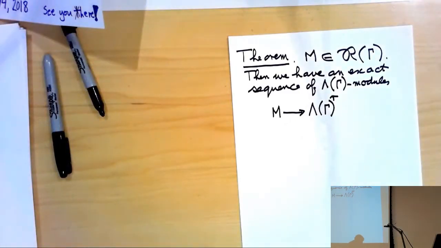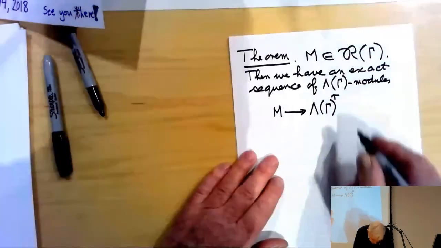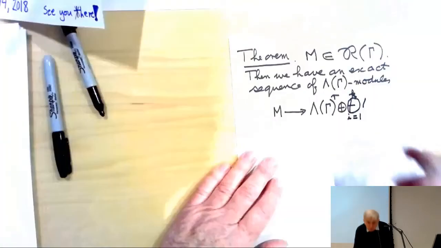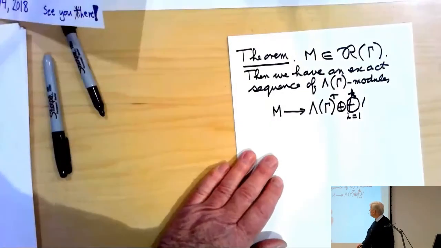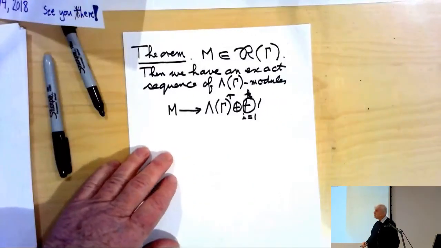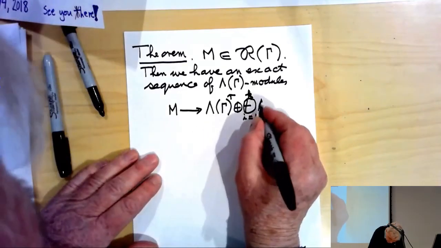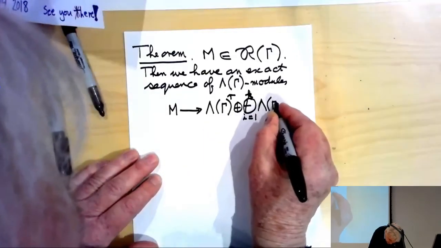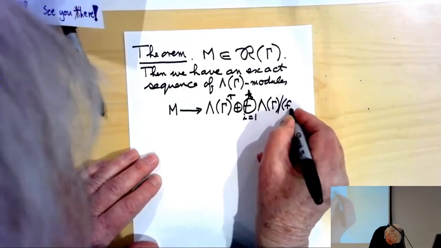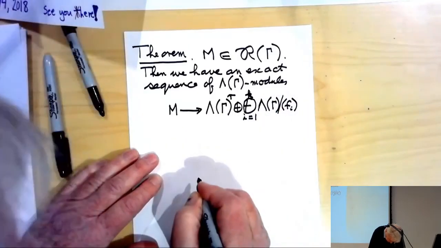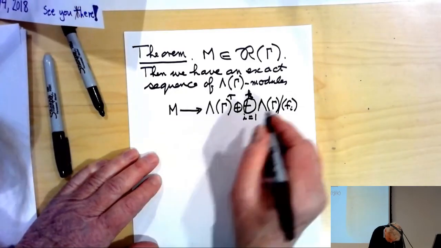So in other words, you'd have lambda gamma, some power of lambda gamma, plus a direct sum, let me write it a second one from, say, i equals 1 to k, over lambda gamma modulo f_i, principal ideals, from i equals 1 to k.